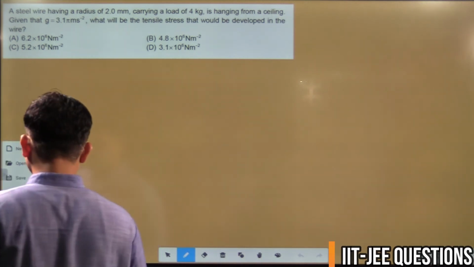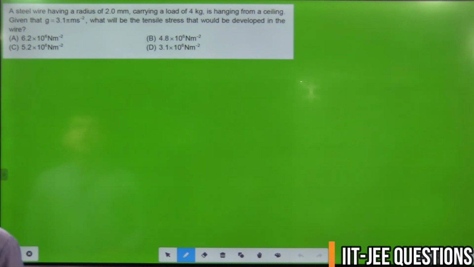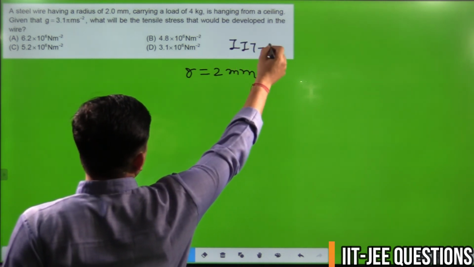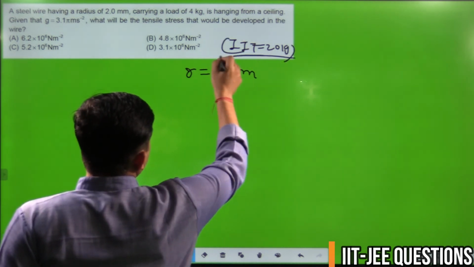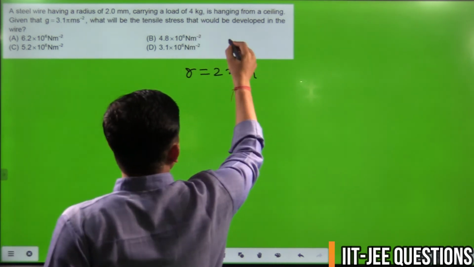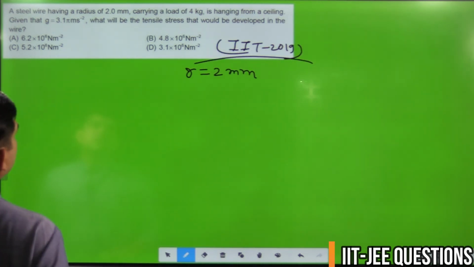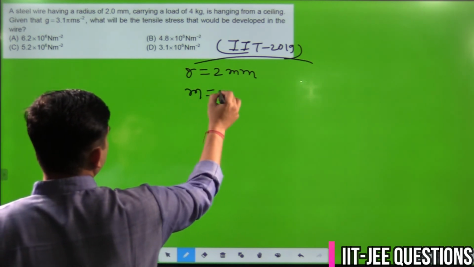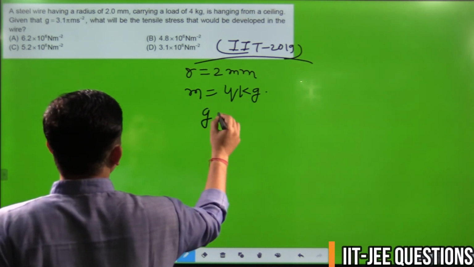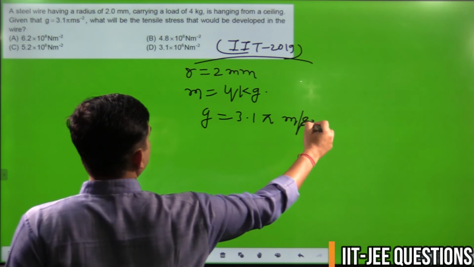Question number 9. A steel wire having a radius of 2 mm, R equal to 2 mm, carrying a load of 4 kg, M is 4 kilogram, is hanging from a ceiling, with g equal to 3.1 pi meter per second square.